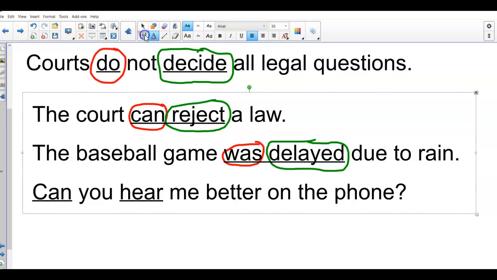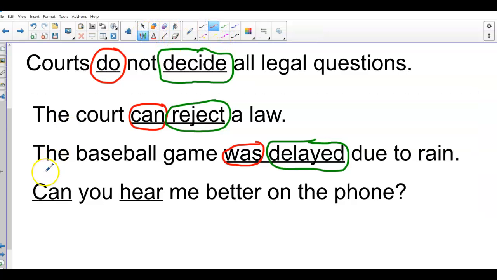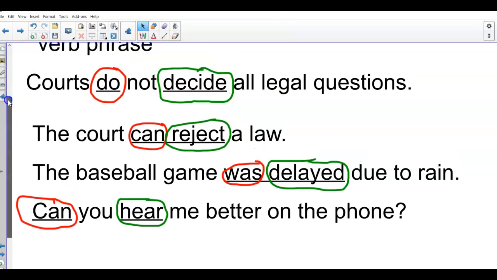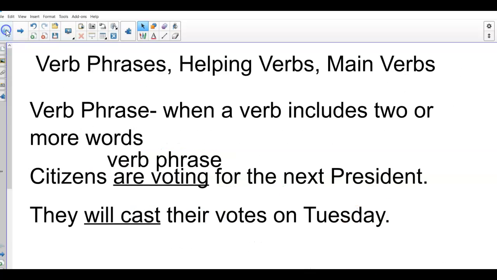And that might happen where you have some words, they don't always have to be right next to each other. So can, and my main verb is hear. Okay? So again, this is how you find verb phrases and how you find your main and helping verbs. Your main and helping verb assignment should be on Google Classroom.